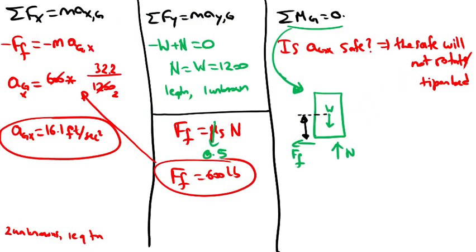That's the arm for the frictional force. Then F_f times 2.5 is clockwise, and we will take clockwise as negative. Now comes the N, and this should be equal to 0.